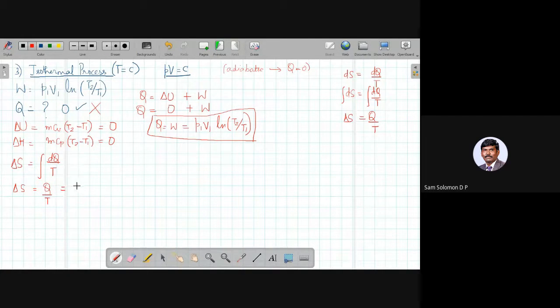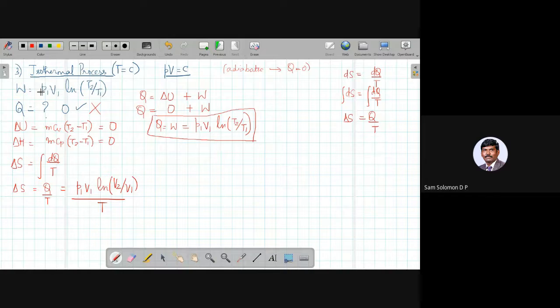Q here is P1 V1 times ln of V2 by V1, whole divided by T. And we have seen, while we derived this, W equal to P1 V1 times ln of V2 by V1.